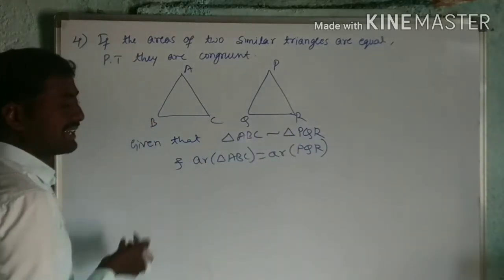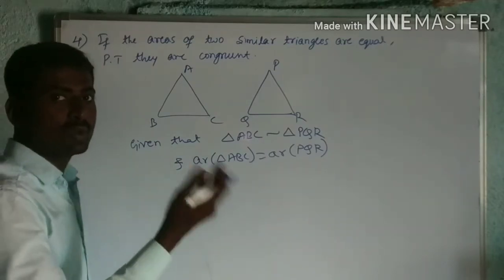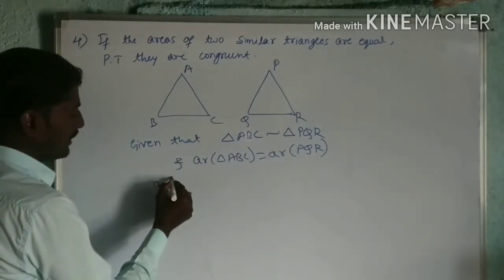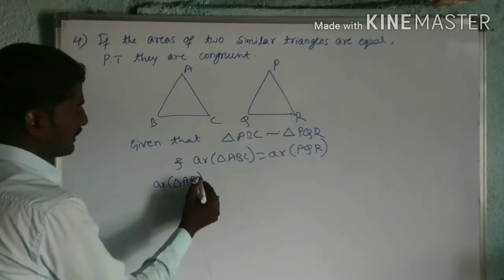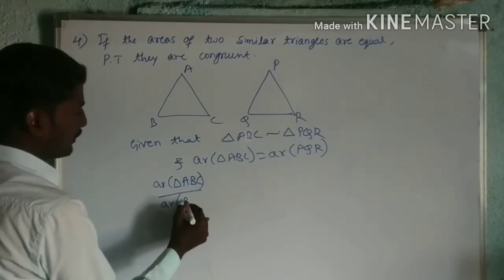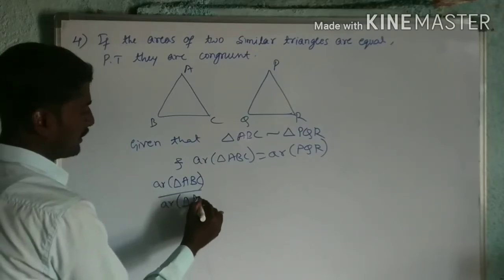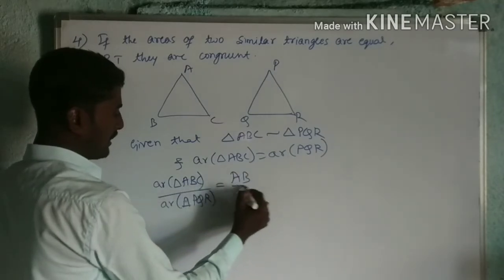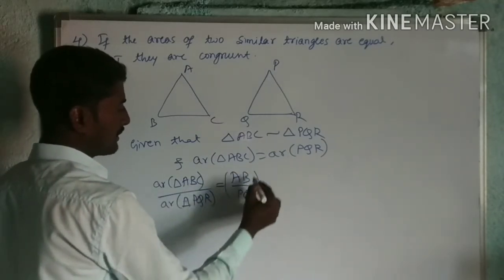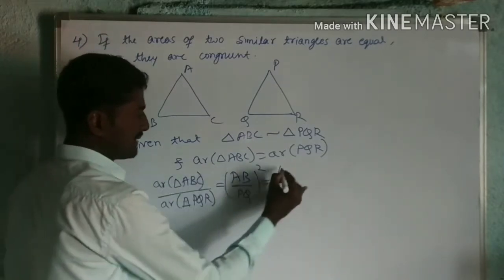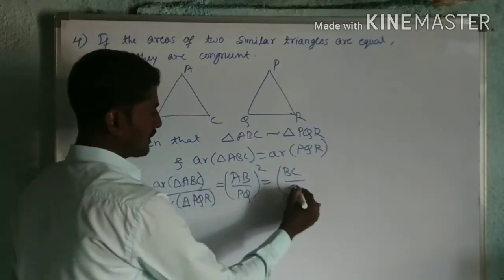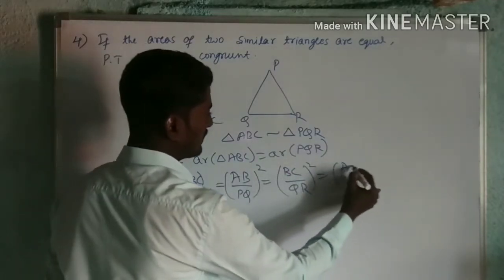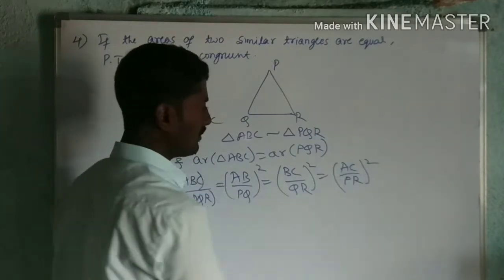But we know that if two triangles are similar, then the ratio of the areas of two similar triangles is equal to the square of the ratio of their corresponding sides. So here area of triangle ABC divided by area of triangle PQR is equal to AB divided by PQ whole square, which is equal to BC divided by QR whole square, which is equal to AC divided by PR whole square.